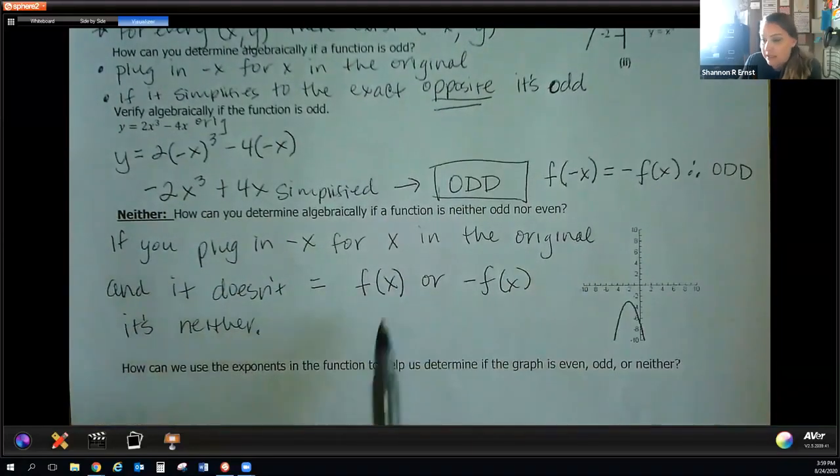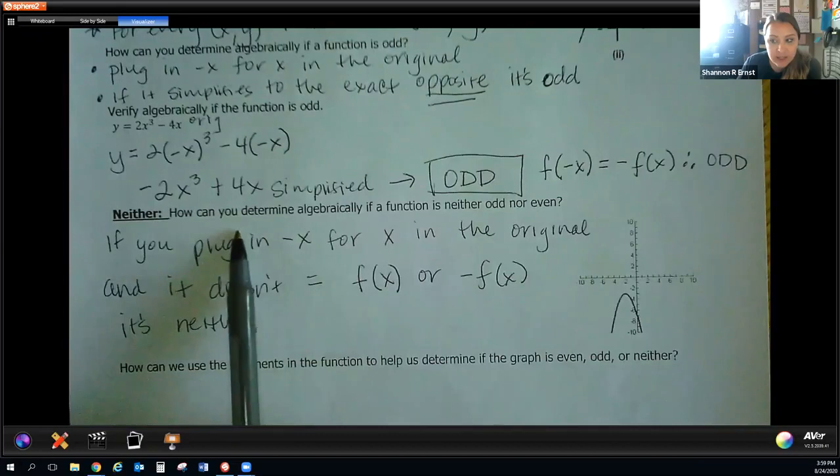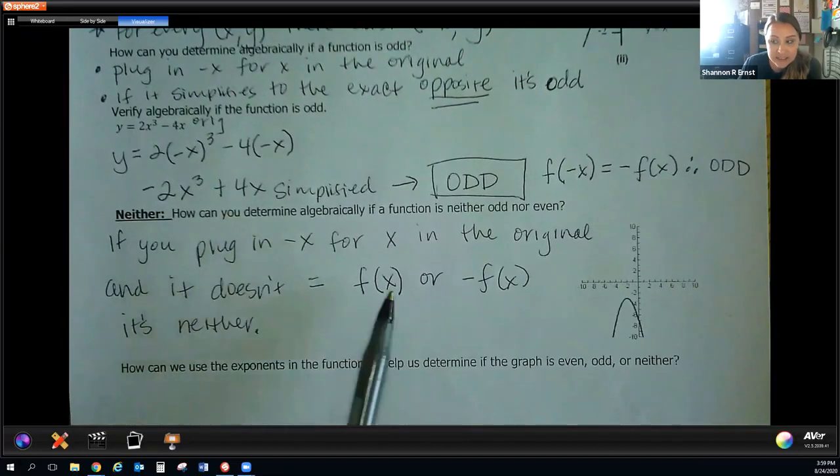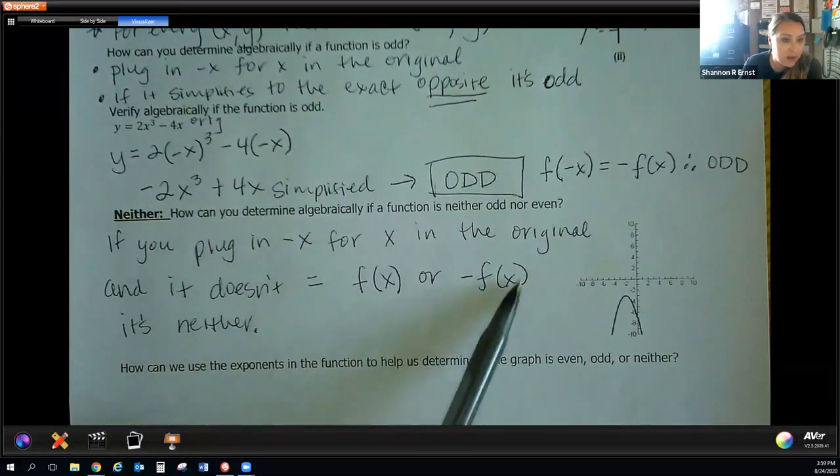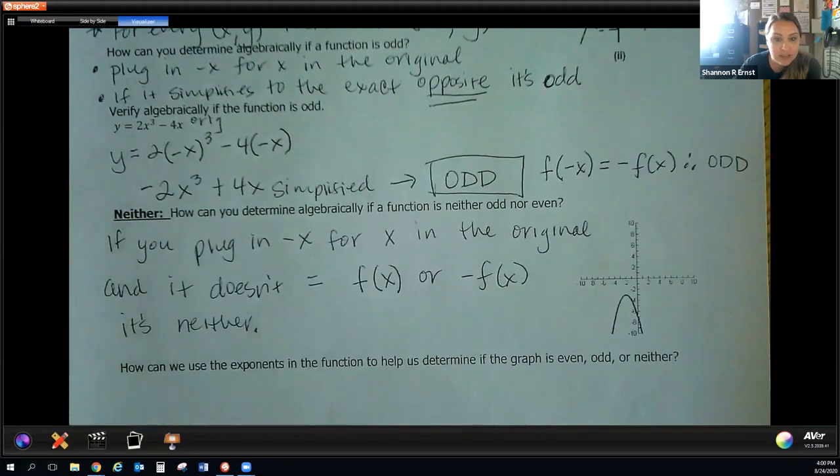So this means that it doesn't equal the original. So we plug in negative x, and it doesn't equal the original, and it doesn't equal the opposite of the original, then it's neither.